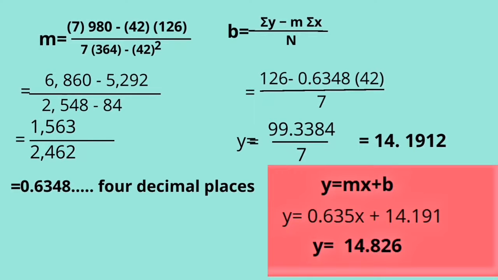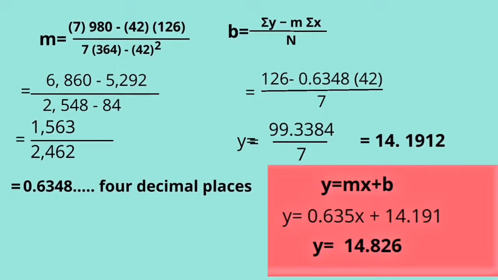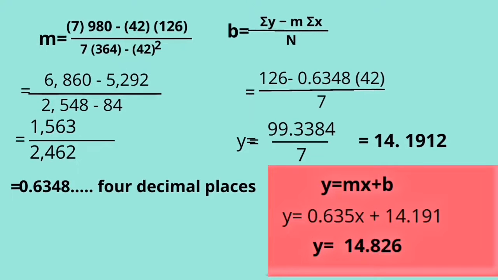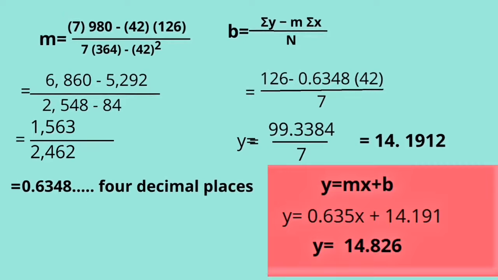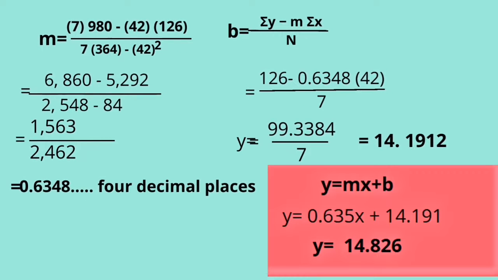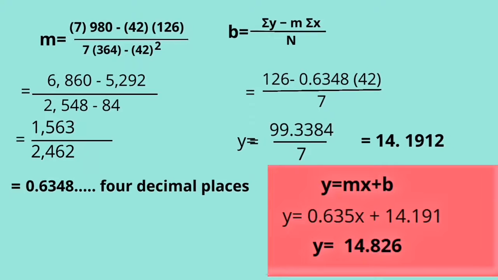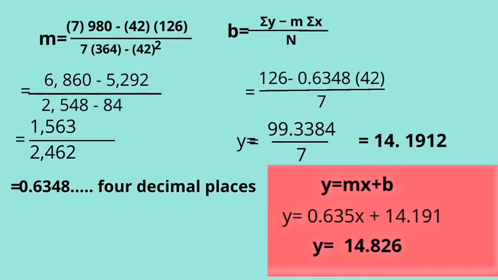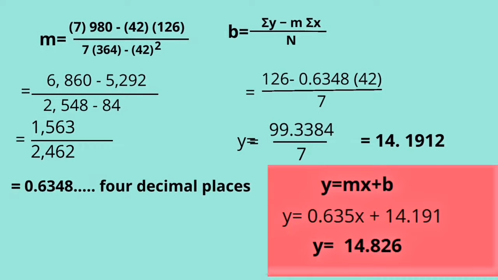It is equal to 6,860 minus 5,292 divided by 2,548 minus 1,764, wherein we have 1,568 divided by 784, and we have 0.6348 for 4 decimal places.